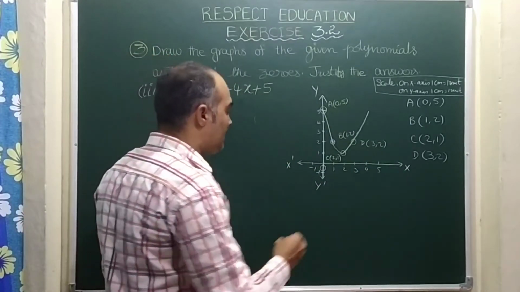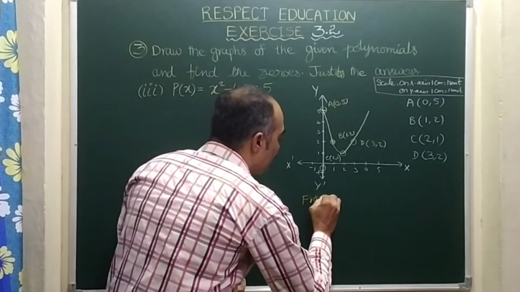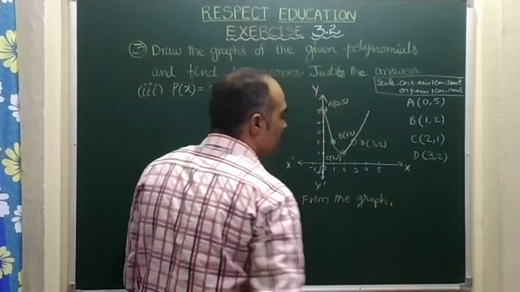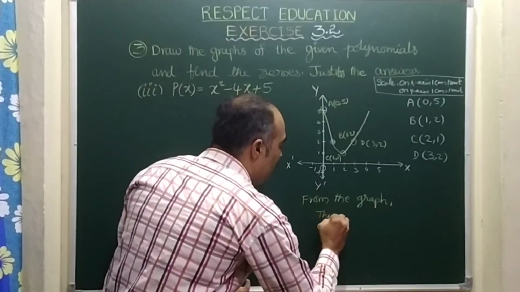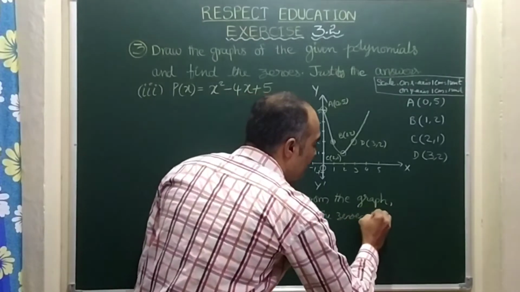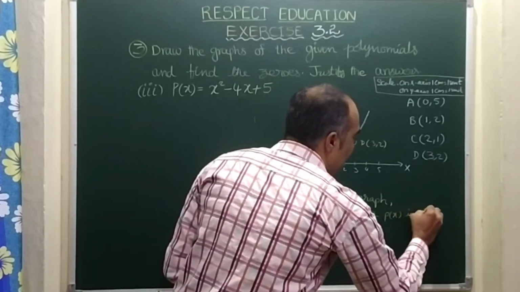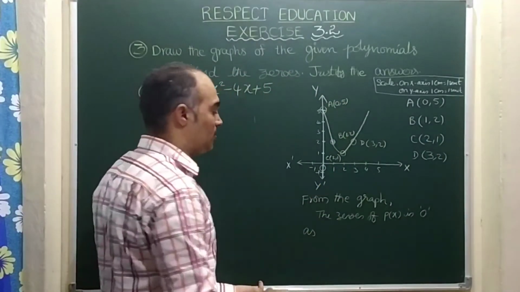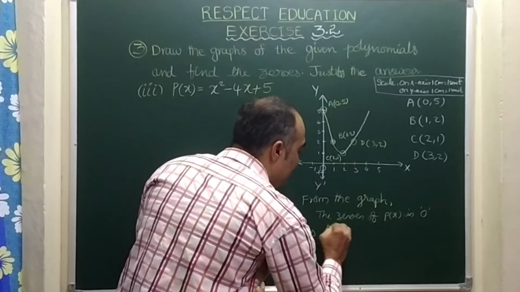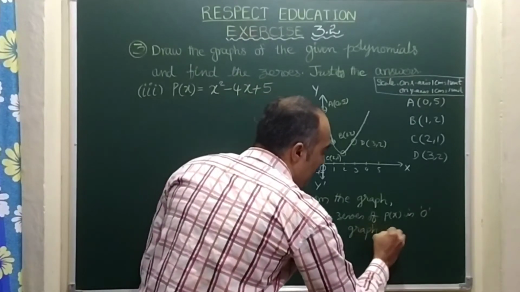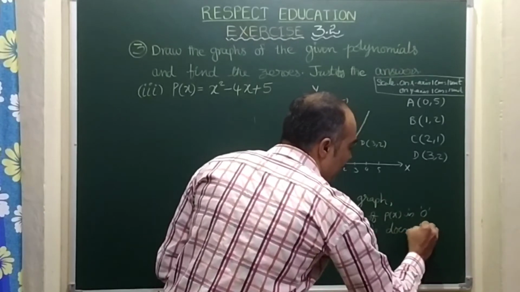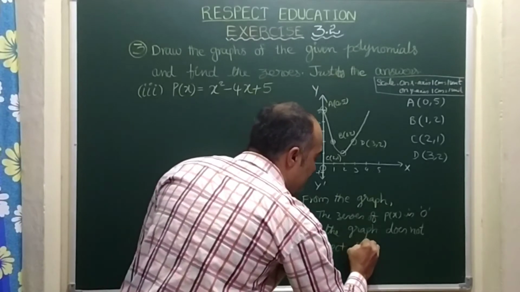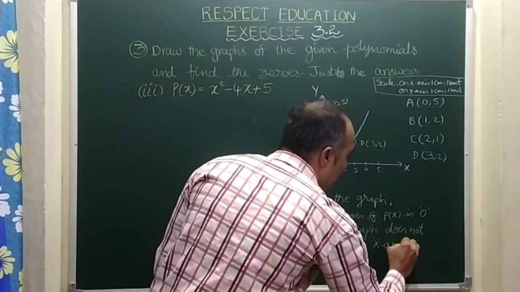So here we can write that from the graph, the zeros of P(x) is 0, as we are giving the reason also here: the graph does not intersect the x-axis at all.